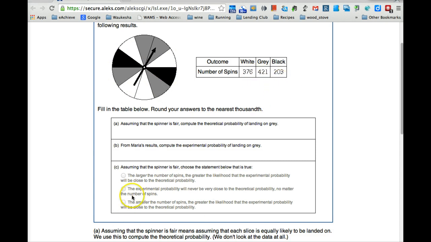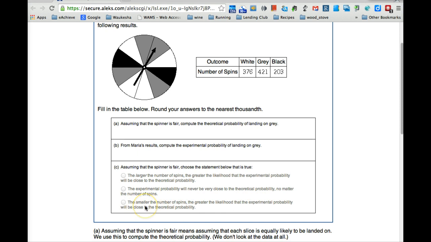If you look at the second one, it says the experimental probability will never be very close to the theoretical probability, no matter the number of spins. Well, that's not true, because we proved it right now when we said the experimental probability was 42% and the theoretical probability was 40%. So that's inaccurate. The smaller the number of spins, the greater the likelihood that the experimental probability will be close to the theoretical probability.